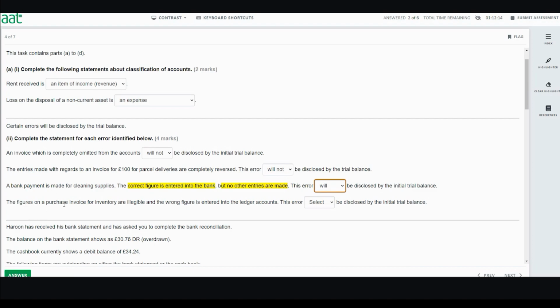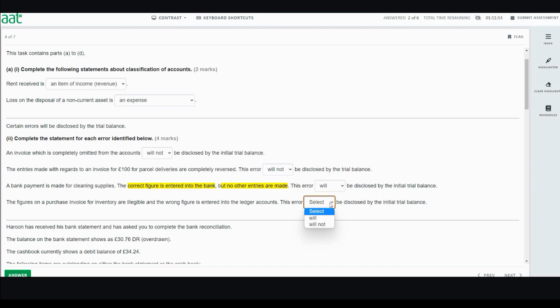The figures on the purchase invoice for inventory are illegible and the wrong figure is entered into the ledger accounts. This error will or will not. So if it's a figure that has been carried through, it's what we call an error of original entry.